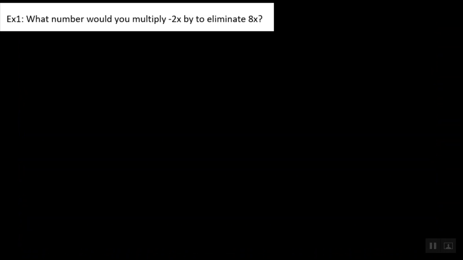Okay, in example 1, what number would you multiply negative 2x by to eliminate positive 8x? So basically, we're going to ask two questions here. Question number 1 is, if we want to eliminate 8x, what we're saying is 8x plus what number gets me to 0?